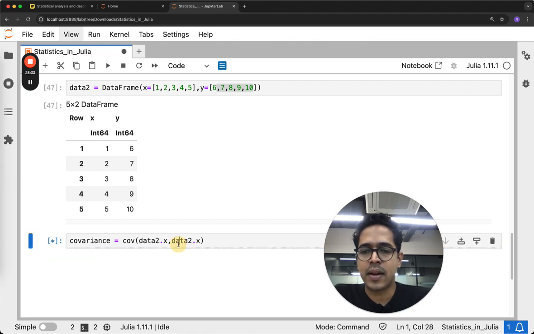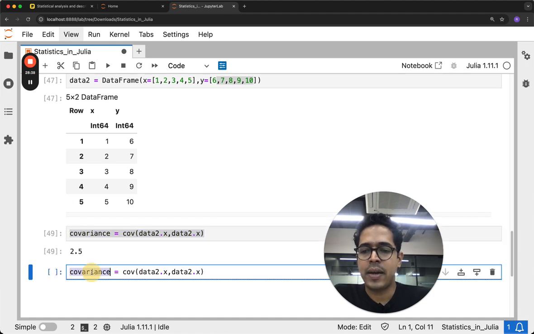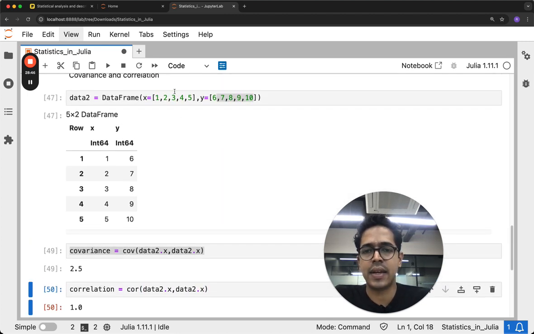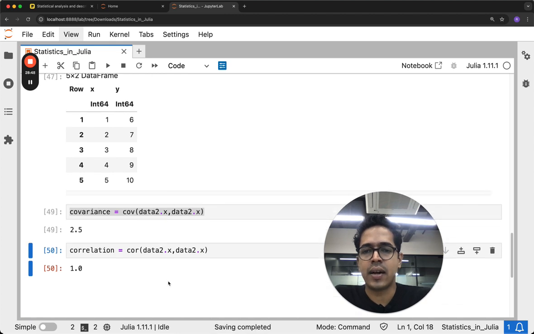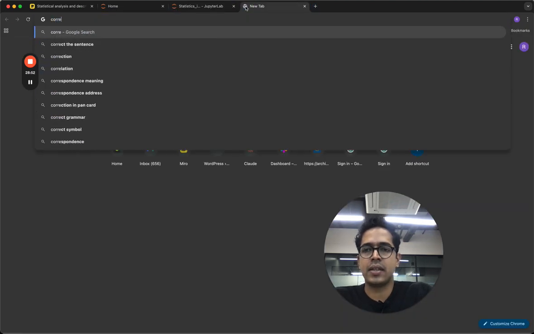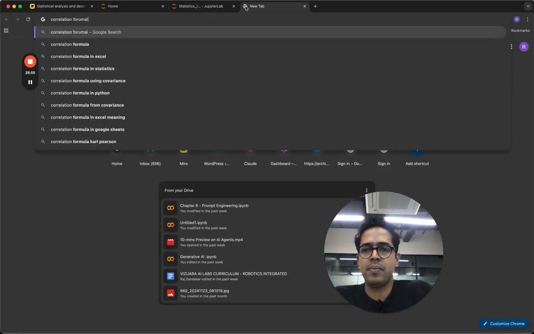So here let me run this once again. Here it should be 2.5, and we had one more parameter called correlation. So correlation equal to data2.x cor, and correlation here in this case is 1. And how do we calculate that? Let's open the correlation formula.